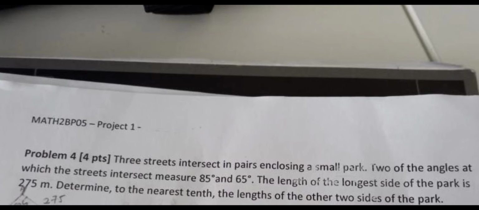Two of the angles at which the streets intersect measure 85 degrees and 65 degrees. The length of the longest side of the park is 275 meters. Determine, to the nearest ten, the length of the other two sides of the park.